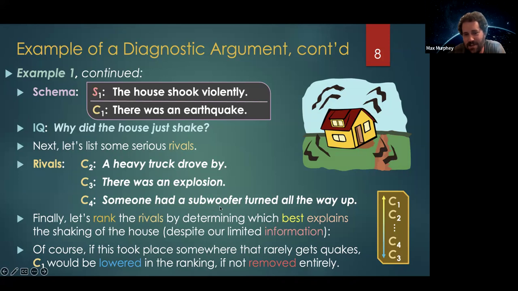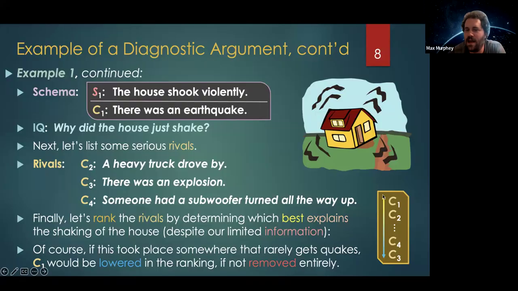And I don't know, the subwoofer probably wouldn't be able to shake the house that much unless you had a serious amplifier. So I decided, look, it's probably going to be the earthquake, maybe the truck. And then I put a gap and I said, okay, maybe it's a subwoofer and an explosion. Well, that's a pretty infrequent occurrence. So I put that at the bottom.